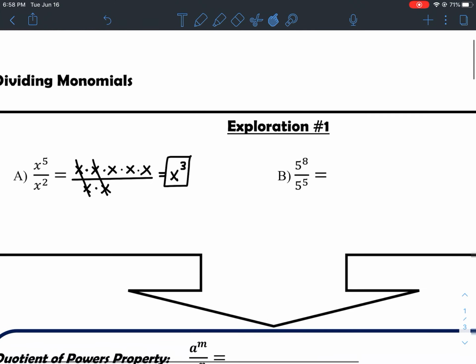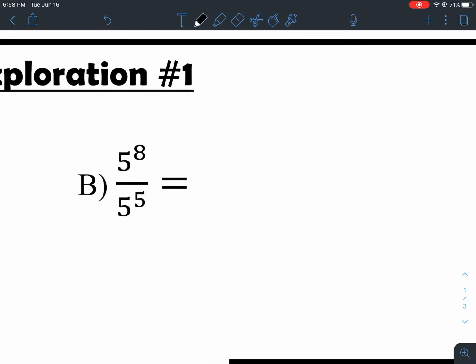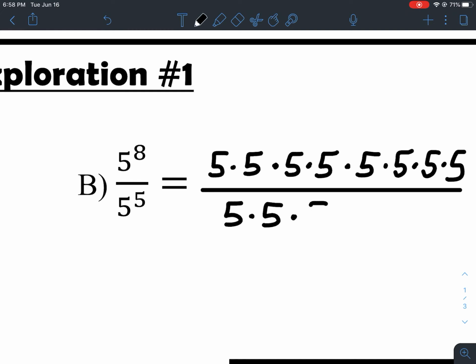So now let's take a look at another one and then see if we can draw some conclusions from those problems. We have 5 to the 8th power, which is a simpler way of writing 5 times 5, 8 times. And then 5 to the 5th power is 5 times 5, 5 times.